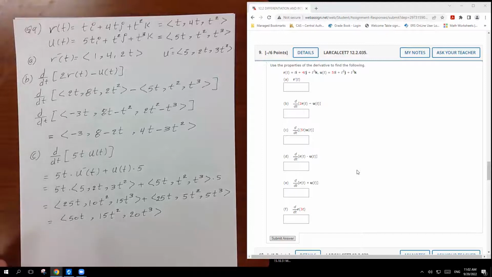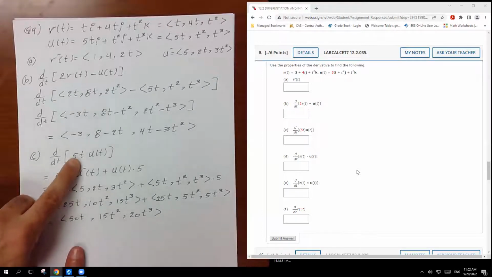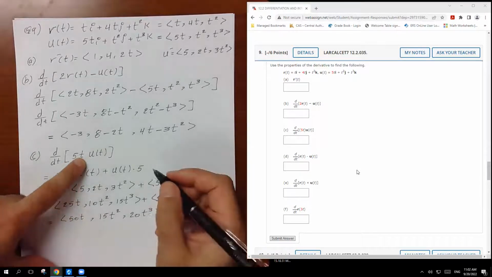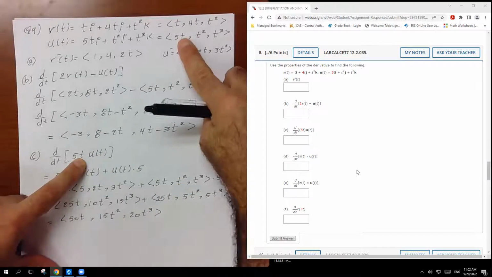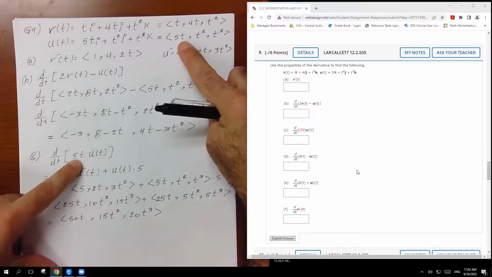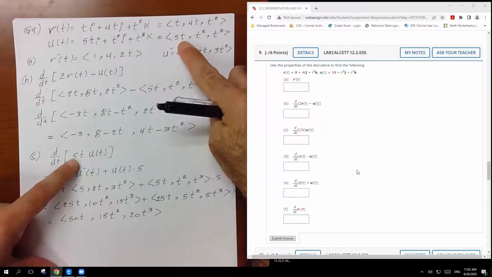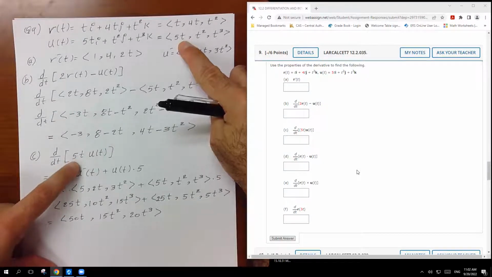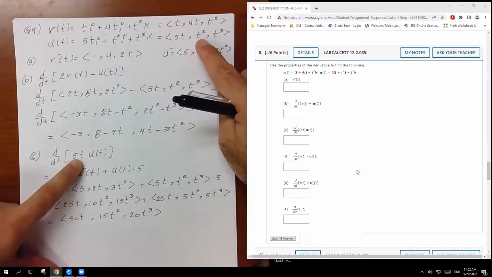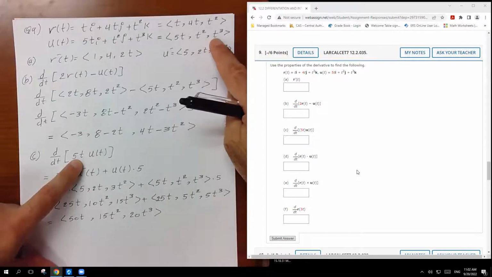So if you notice that, because this is not a vector valued function, if you said 5t times u, so 5t times 5t, it's going to be different because we're multiplying by the u prime. 5t times 5t is going to be 25t squared, and this one is going to be 5t cubed, and this one is going to be 5t to the power 4.